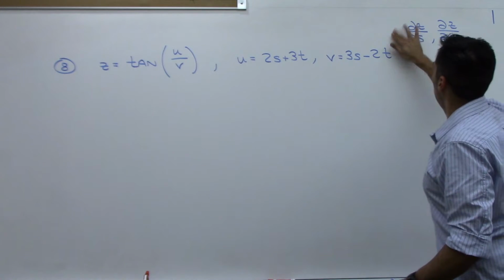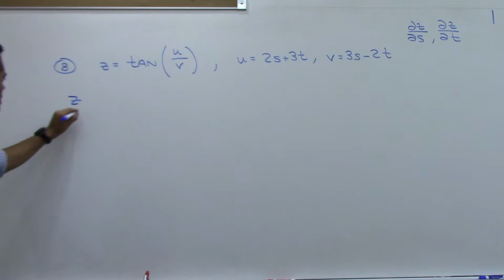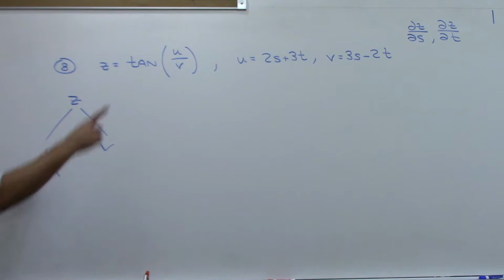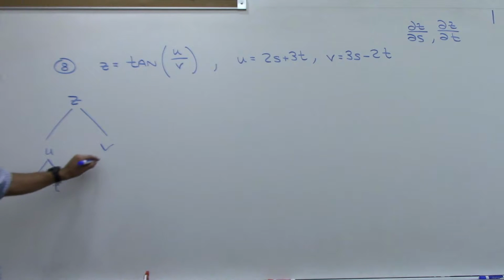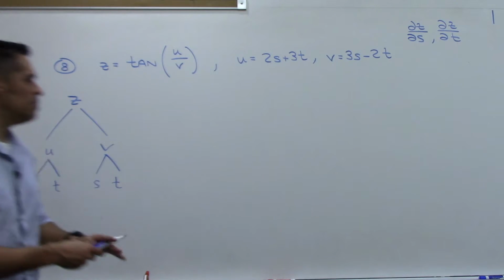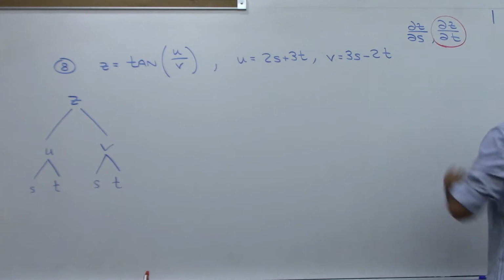All right, so let's draw a tree. Z depends on u and v. U depends on s and t. V depends on s and t also. So for this problem, since again, there are two possible partials, I'll do this one on this one.